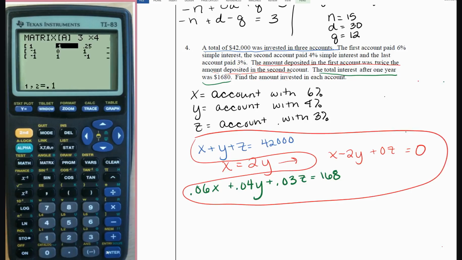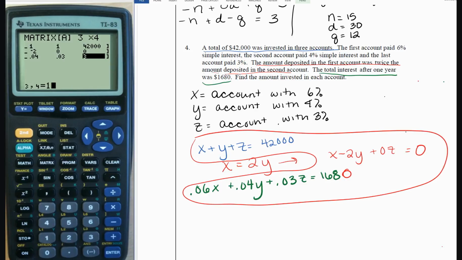So we have 1, 1, 1, 42,000 from our first equation, then 1, -2, 0, 0 from our second equation, 0.06, 0.04, 0.03, and 1680, oops, that should have a 0 right there.